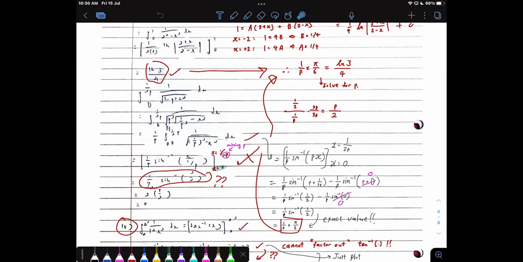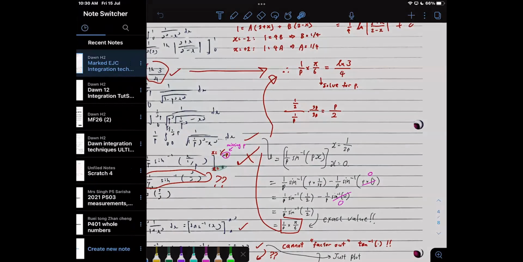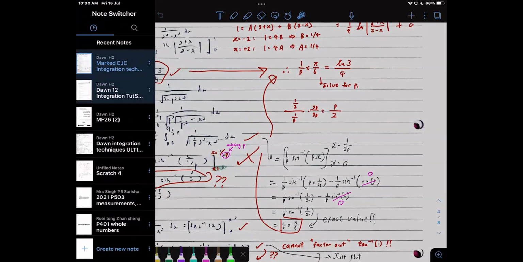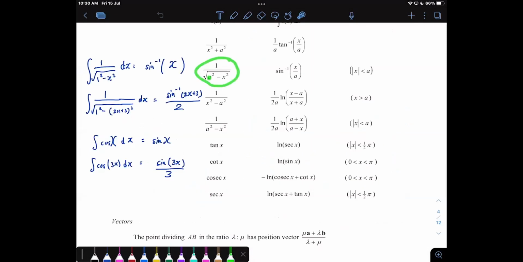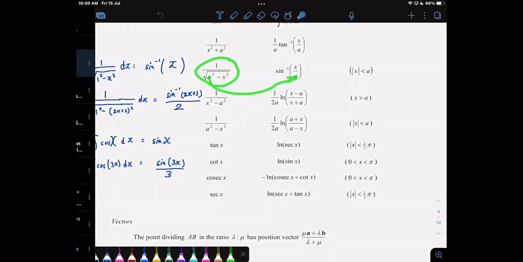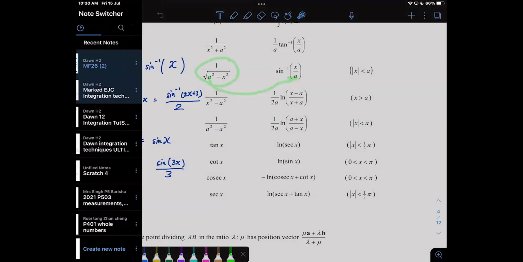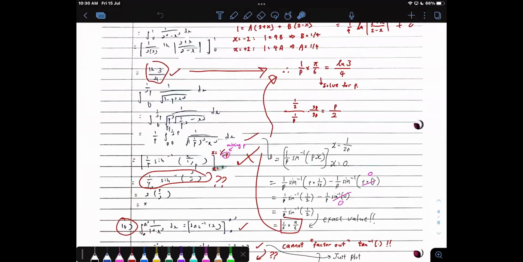But then let me just double check the formula from the MF26. Okay, so you have a to be 1 over p, right? Then replace the a with 1 over p. That's actually fine. So you get x over 1 over p here.